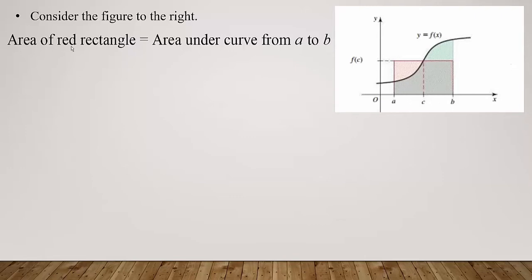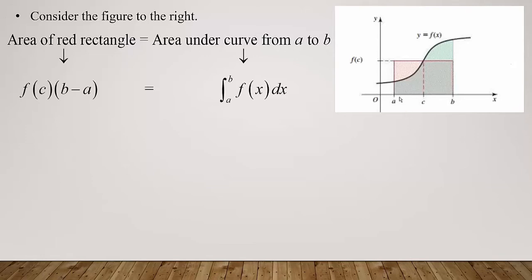Well, let's look at the area of the red rectangle. How would I find the area of the red rectangle? Well, I know it's the base of the rectangle, which would be b minus a, times the height of the rectangle. The height of this rectangle is f of c.